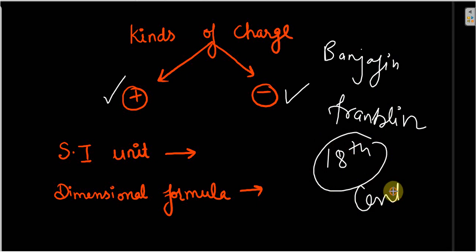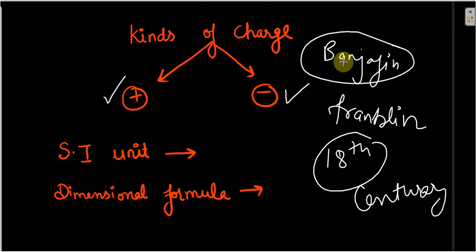The positive and negative charge names were given by Benjamin Franklin. We are used to saying there are two kinds of charge, positive and negative charge. So these two names were given by Benjamin Franklin, that American scientist.